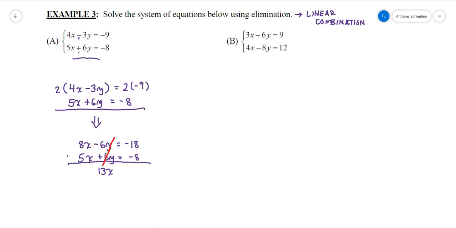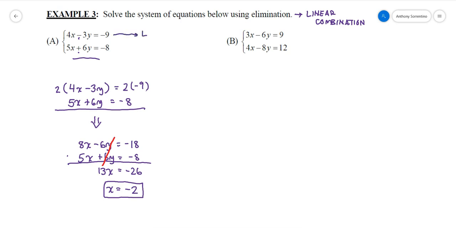And this is going to equal negative 18 plus negative 8 is a negative 26. When I divide both sides by 13, I get x is equal to negative 2. So I got my first value for one of the variables. Now what I do is I go back to one of the original equations. It really doesn't matter which one it is. I chose the top one.